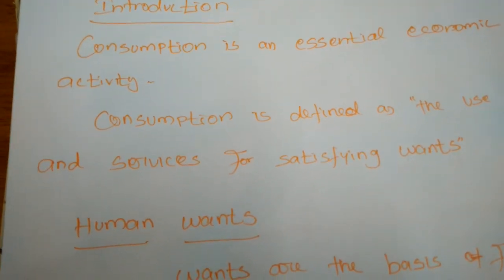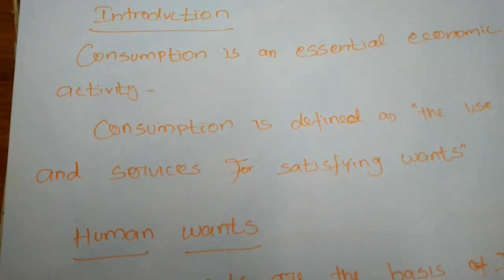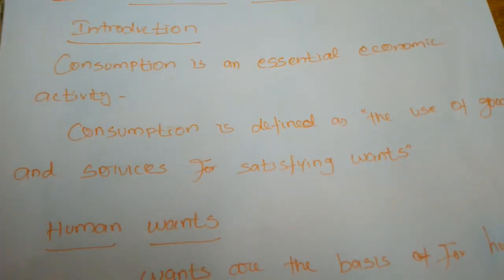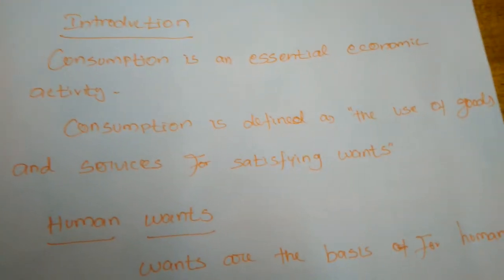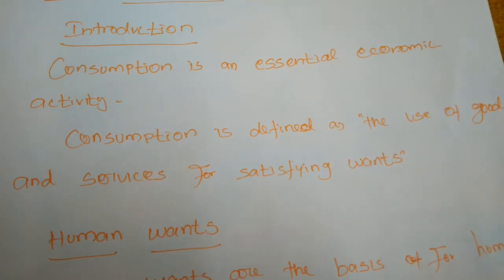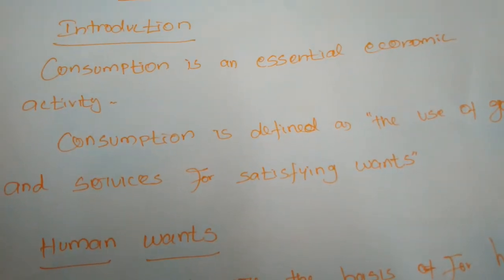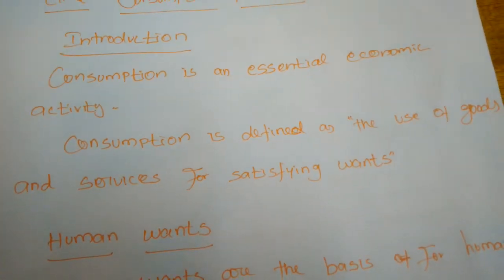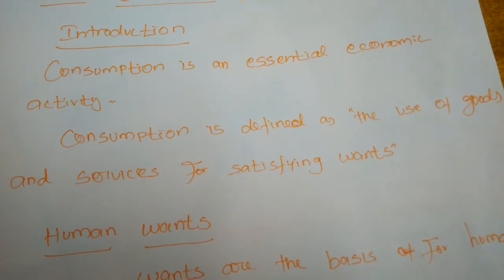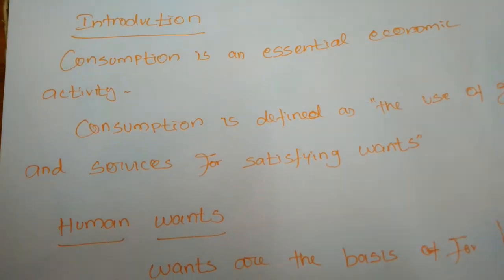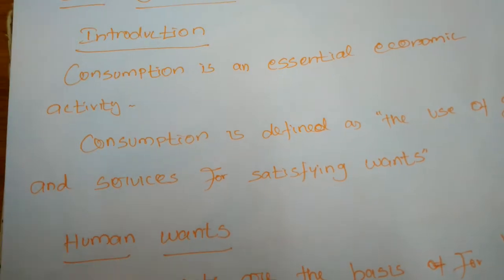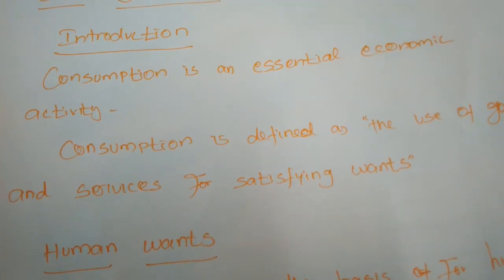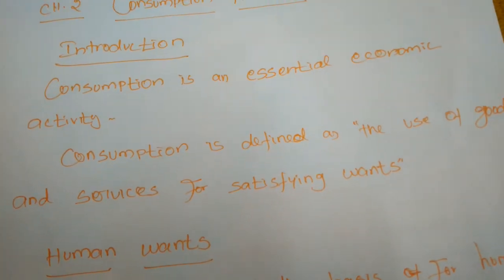Consumption is the act of satisfying one's want. So what is the meaning of consumption? Consumption is the act of satisfying one's want. Normally we have wants, and we consume some commodities for them. We get satisfaction only when we consume that commodity.